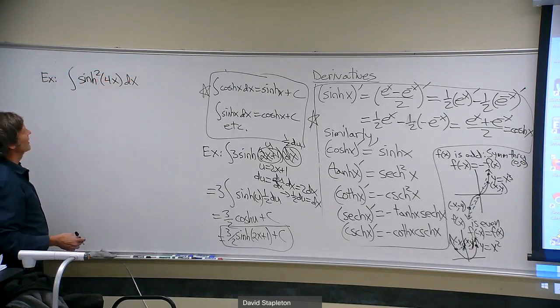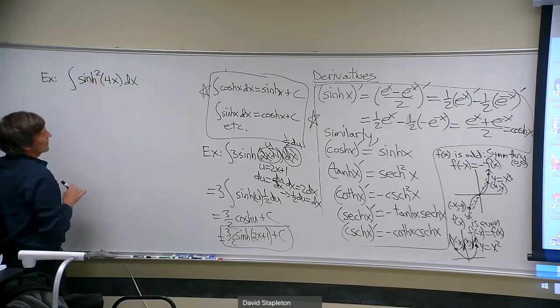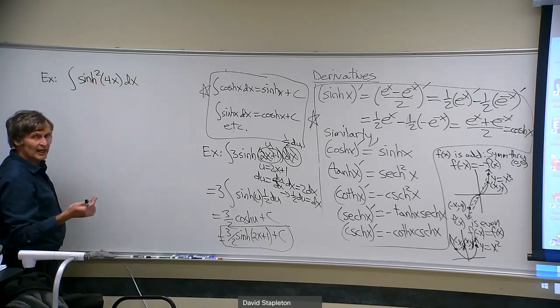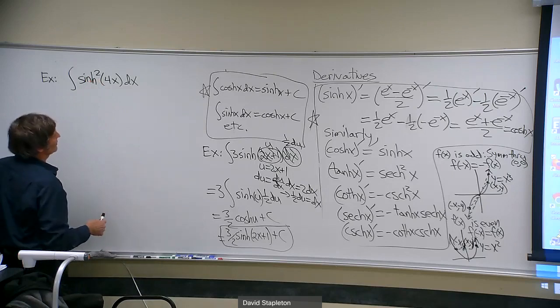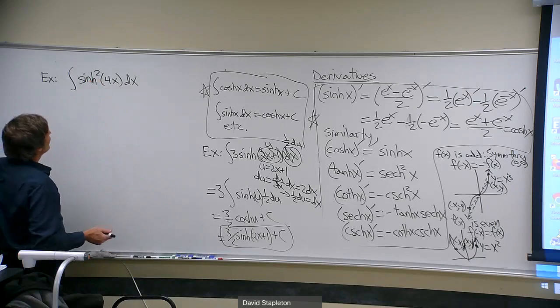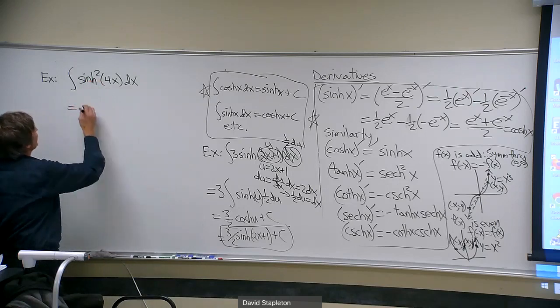That's not a bad idea, but it's not necessary actually. So I'm going to skip it. Instead, I'll say, what would I do if I saw sine squared instead of sinh squared? I remember it's a half angle identity or a reduction formula. On the test, I'll give you the reduction formulas. I don't want you to memorize those, but you should memorize the half angle identity, and you can use either one.